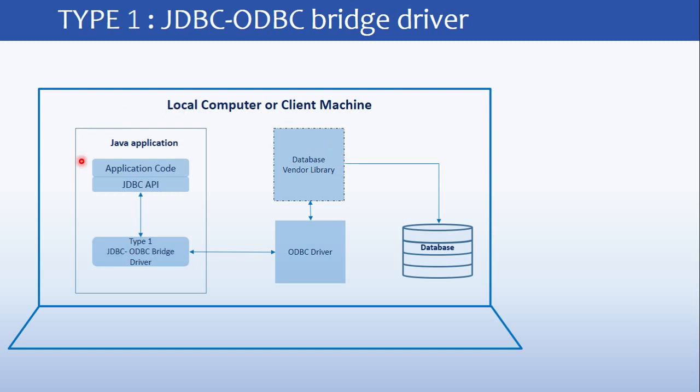So all these components are on the client machine. My Java application is on the client machine. The type 1 driver is also on the client machine. The JDBC driver is also on the client machine. The database vendor library is also on the client machine, and even the database is on the client machine. This may be one case, but the database may also reside in a remote place.